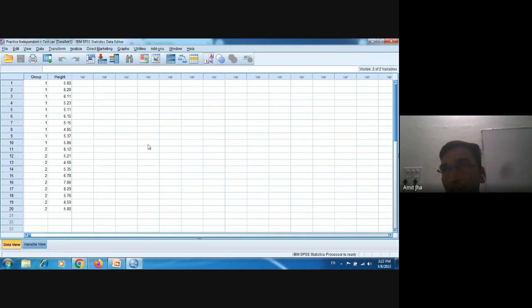It means the difference between these two can be ignored. But if the difference is statistically significant, we cannot ignore it. It means this difference is pointing in nature.